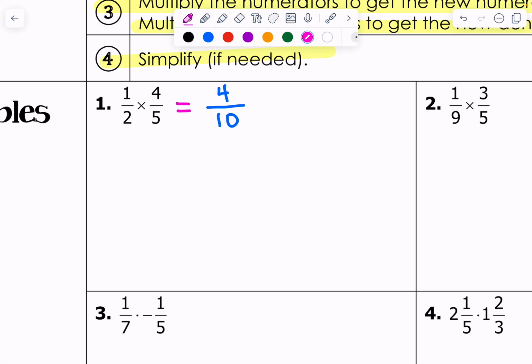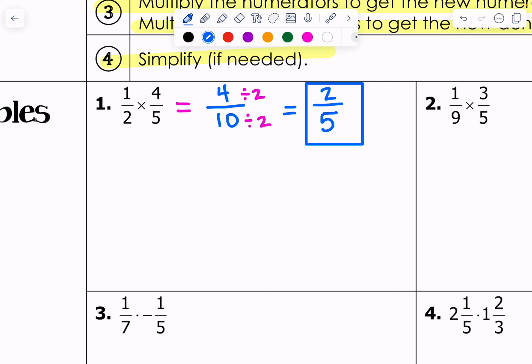Okay, 4 and 10 can both be divided by 2. So when we divide by 2, we get 4 divided by 2 is 2, and 10 divided by 2 is 5. 2 over 5, is that a simplified fraction? The answer is yes. Okay.